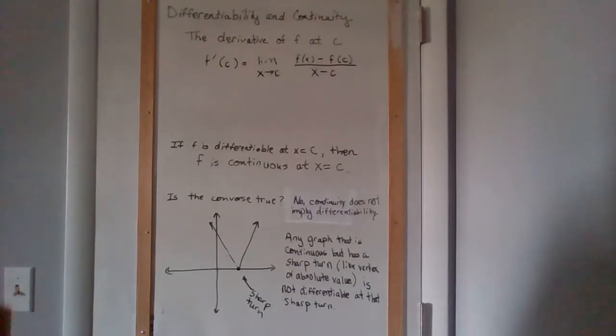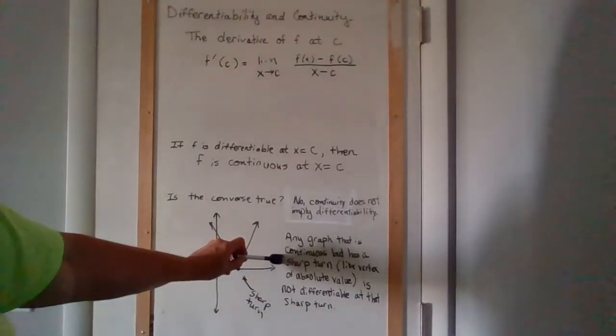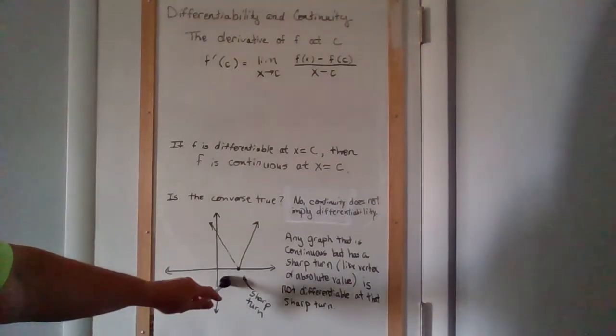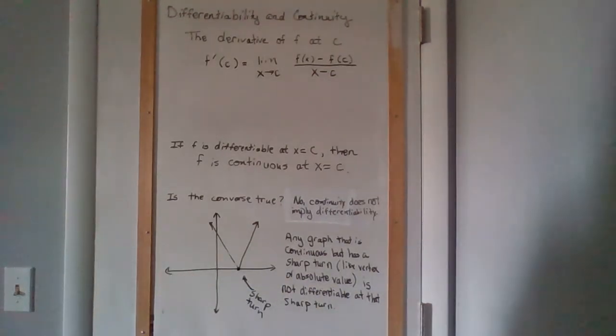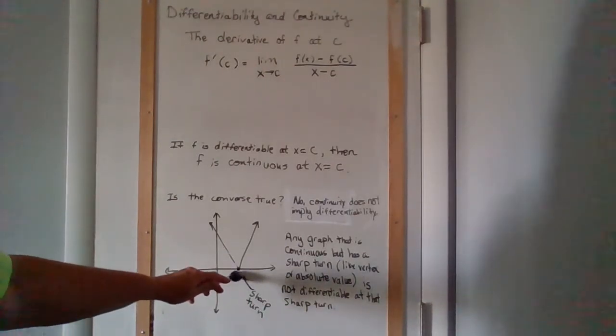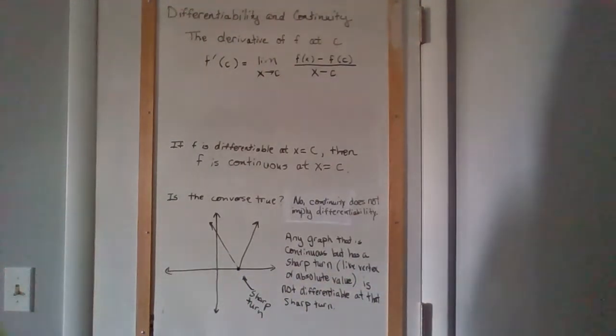And this happens anytime that you have a graph that has a sharp turn. So an absolute value graph would be one that this happens on, and some other graphs that you may encounter. Anytime they have a sharp turn, a point, as opposed to a curve.